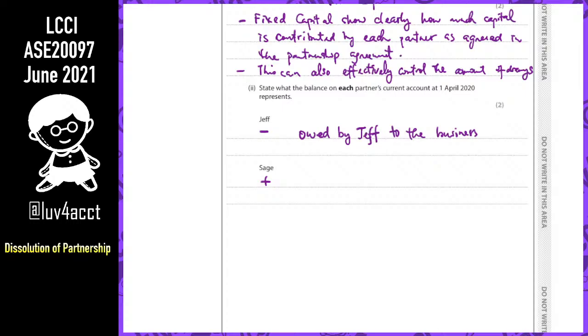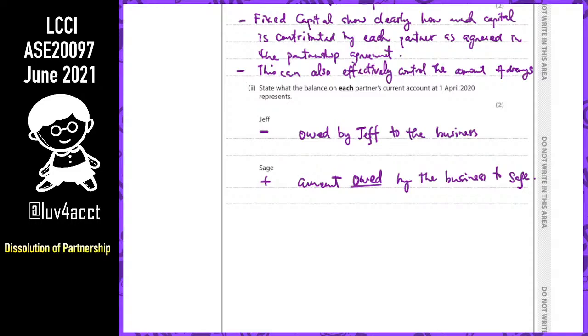So for positive balance in Sage's current account, it is an amount owed by the business to Sage, the partner.